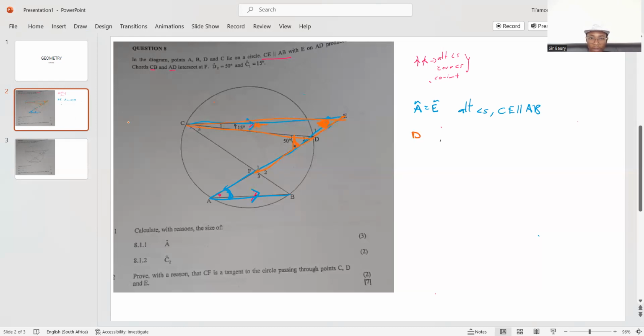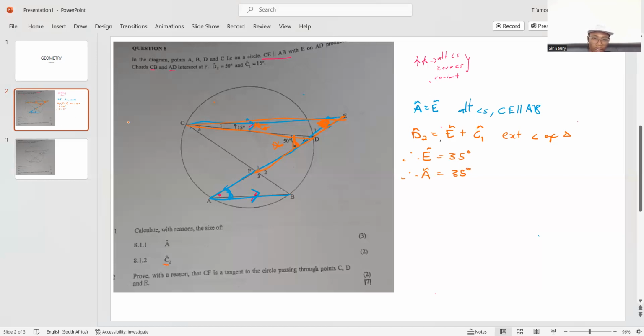So angle D2 is going to be equal to angle E plus angle C1. Exterior angle of a triangle, right? So therefore, angle E is going to be equal to 50 minus 15 degrees, which gives you 35 degrees, right? Therefore, angle A is going to be equal to 35 degrees.